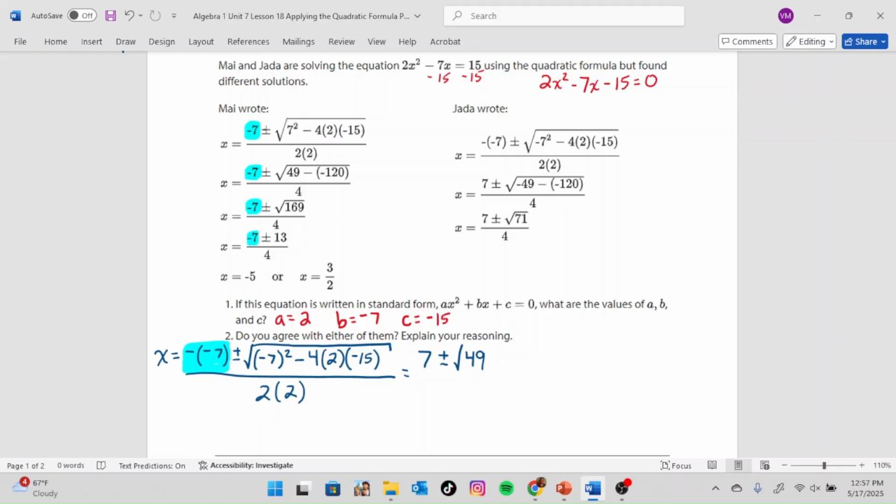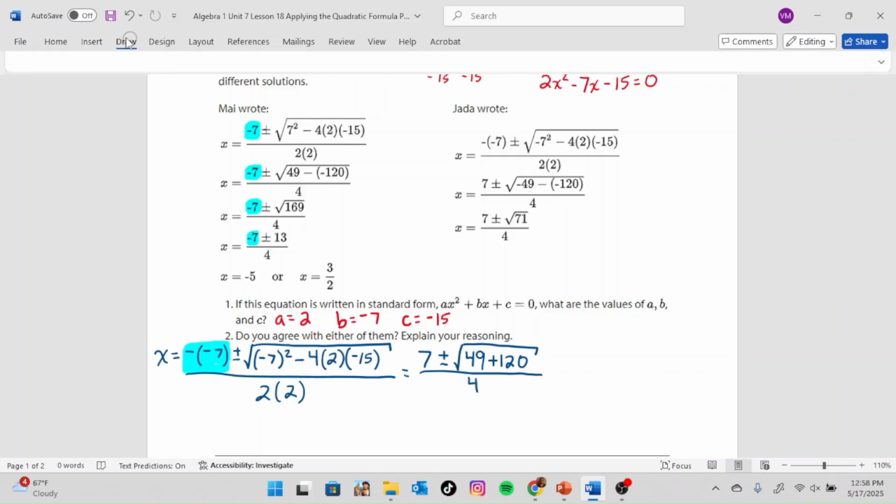Then we have negative 4 times negative 15, which is going to be positive 60, times 2, which is going to be positive 120. So plus 120. And all of this over 2 times 2, which is 4.